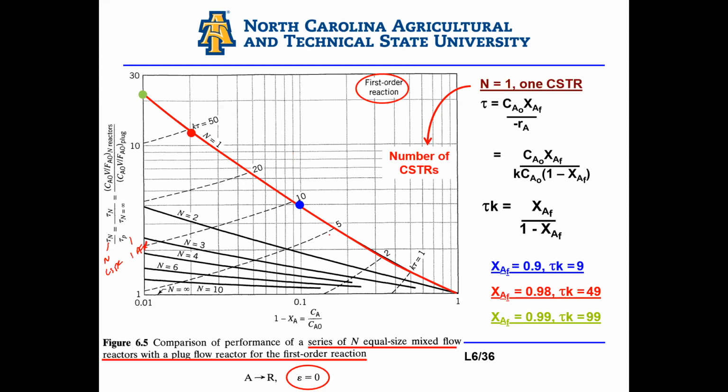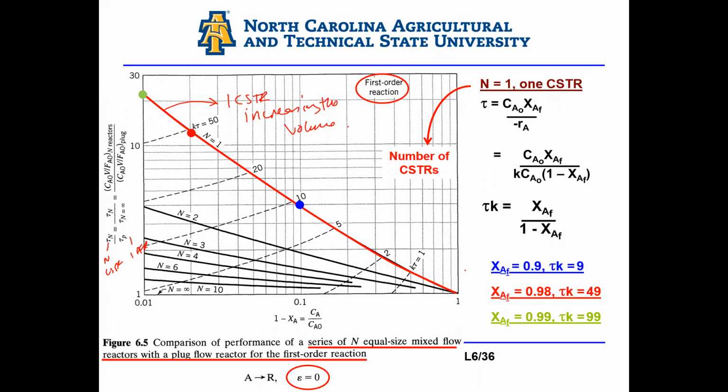So here, if I move along this line, I'm using basically one CSTR, but it's just getting bigger, increasing the volume. If I have one CSTR and I keep on increasing the volume, I will never be able to reach the performance of a PFR.